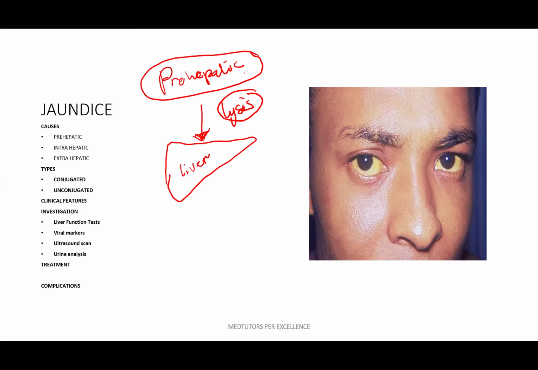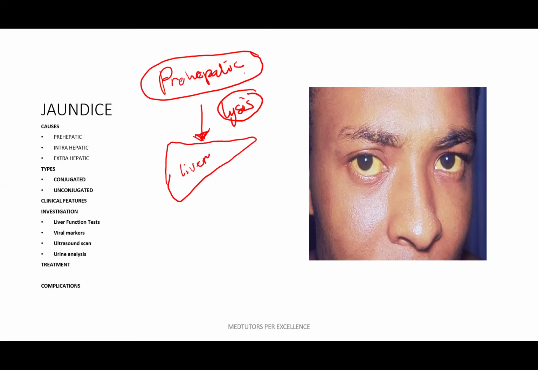The jaundice is not caused from lysis of the cell or liberation of hemoglobin in the liver. It is caused by the lysis of the abnormal red blood cells, and these lead to deposition of bilirubin in the sclera and mucous membrane and under the skin.